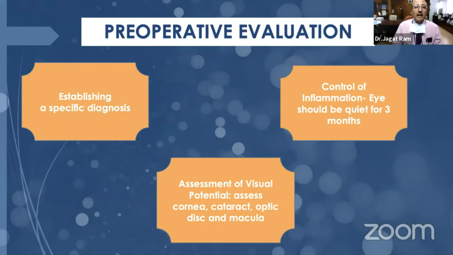In the pre-operative evaluation, it is most important to establish the specific diagnosis. Once any patient of uveitis develops cataract, it is important to control inflammation, and the eye should be quiet for at least 3 months. Then it is important to assess visual potential.